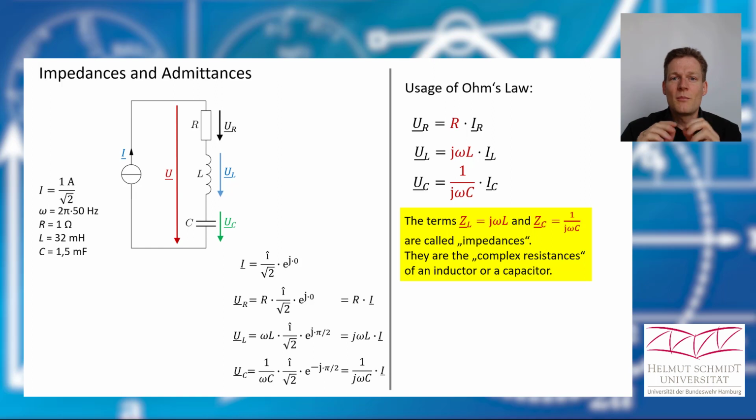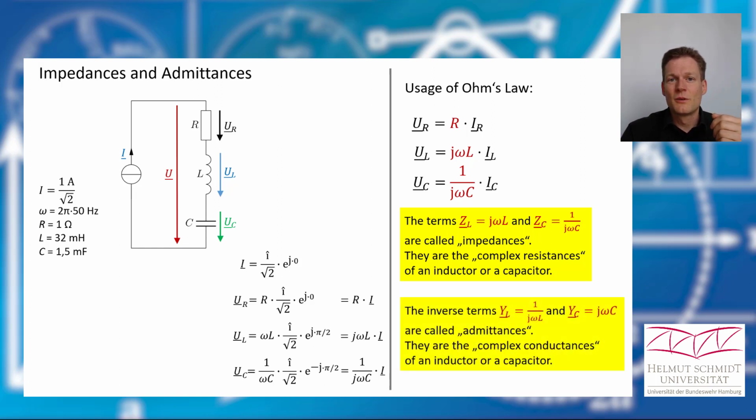And we call these complex resistances impedances. For resistors, we know the inverse value, and we call that conductance. And here we call the inverse value of the impedances admittances. And we use the letter Y for the admittances and Z for the impedances. And that's all. Now you know how to deal with AC circuits.